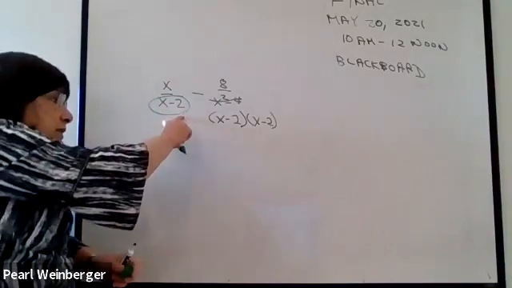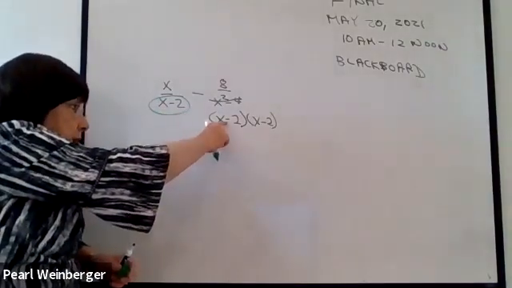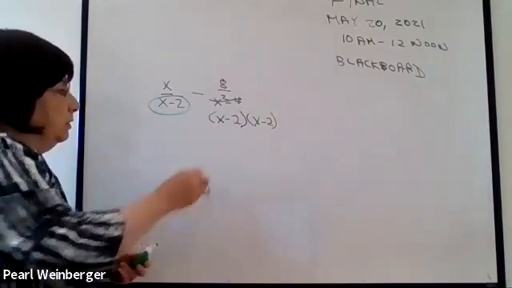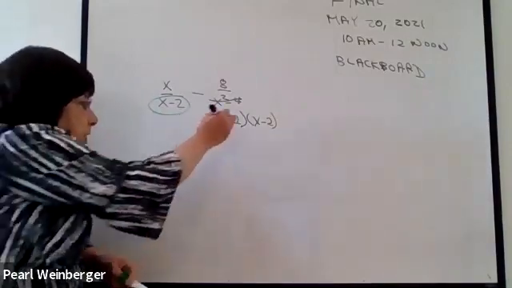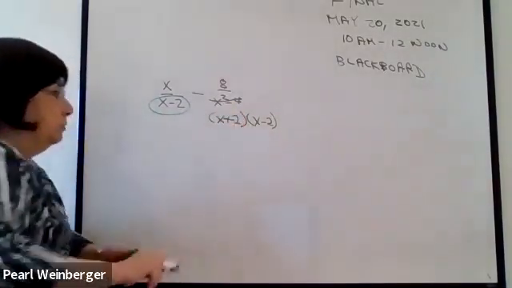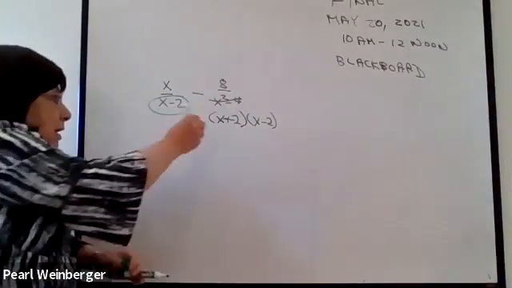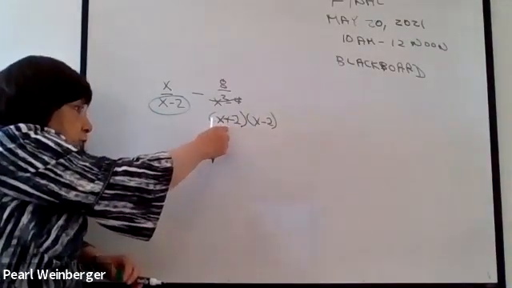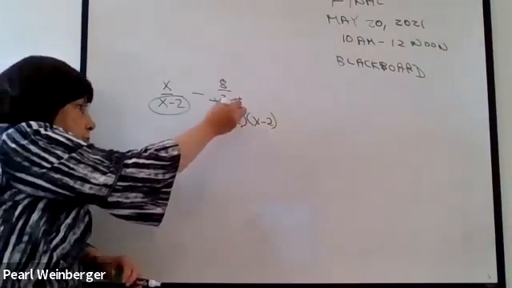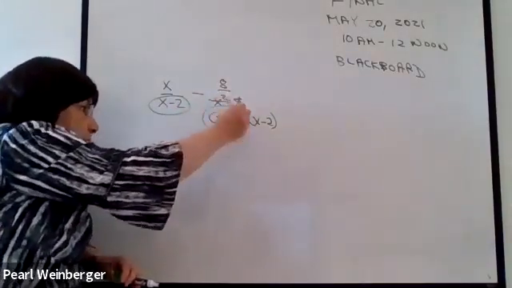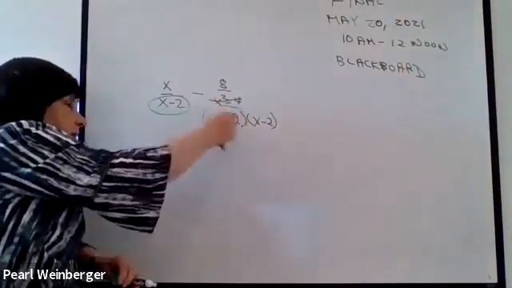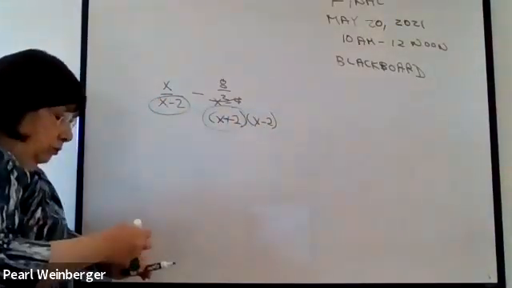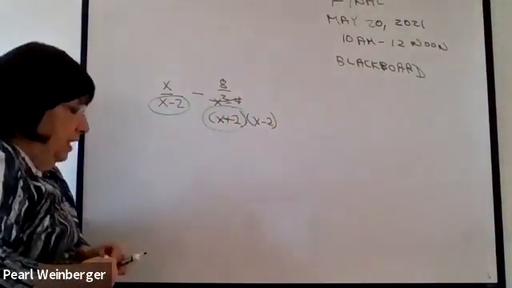Then I go to my second fraction, and I'm sorry, one of these is supposed to be a plus. They're not supposed to be both minuses. One's a plus and one's a minus. The first one I have is an x plus 2. I don't have x plus 2 circled, so I circle that. But I already have an x minus 2 circled, so I don't have to circle that again.